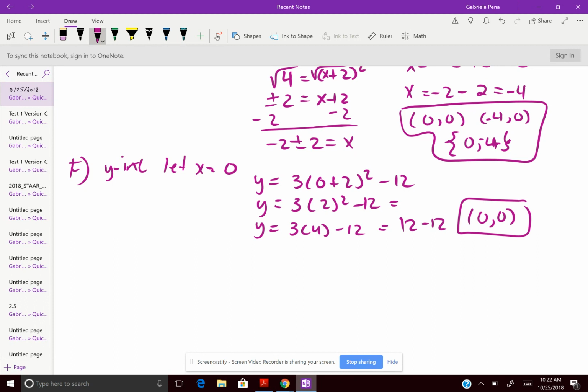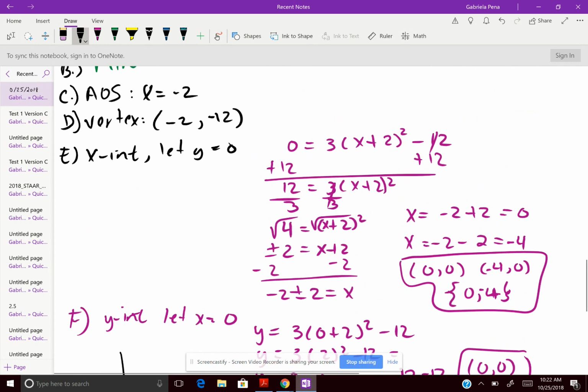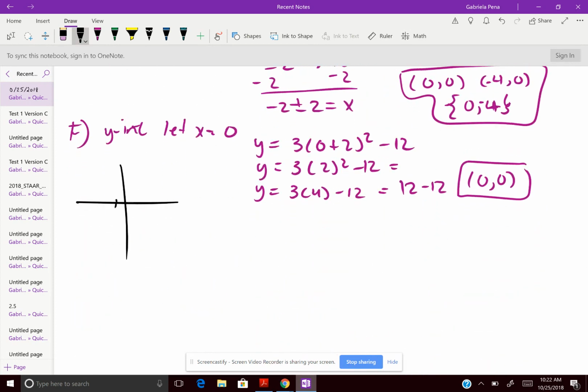And when you thought about this graph, you said it opened which way? Up. And where was my vertex? -2, -12. You don't have to be exact, but just know where it's at. And you're telling me it opens this way, right? So the only reason I do this sketch is to help me understand the domain and range.